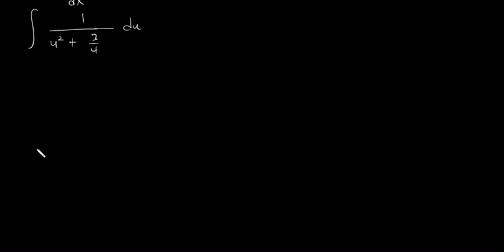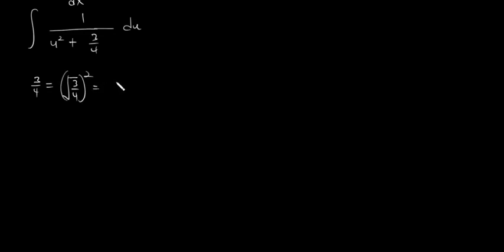So let's continue. We have 3 on 4. I can write this as the square root of 3 on 4, and then I will square it, which is the same thing.